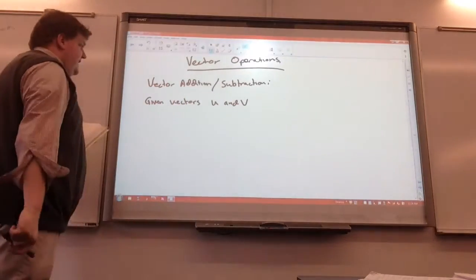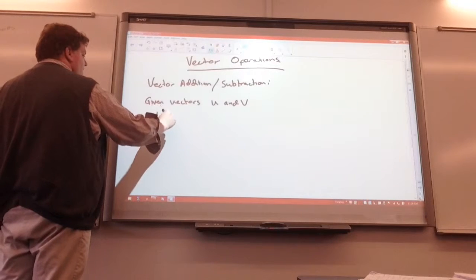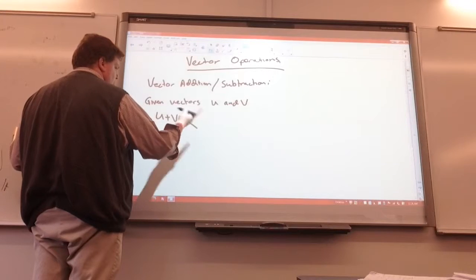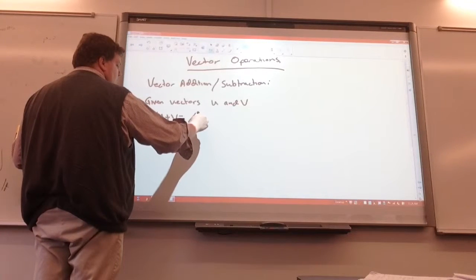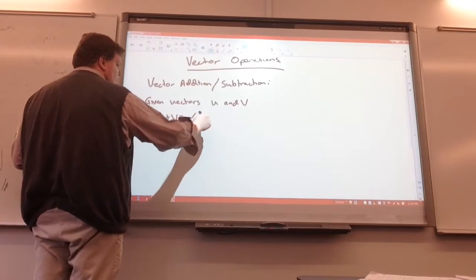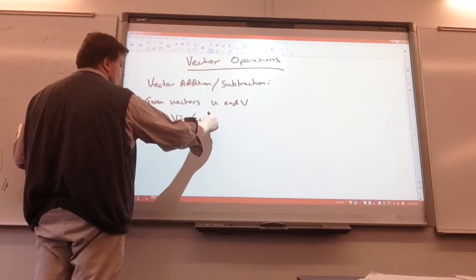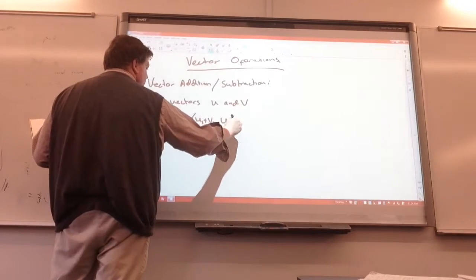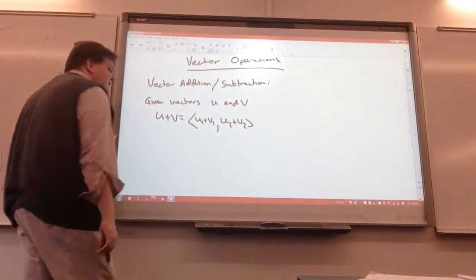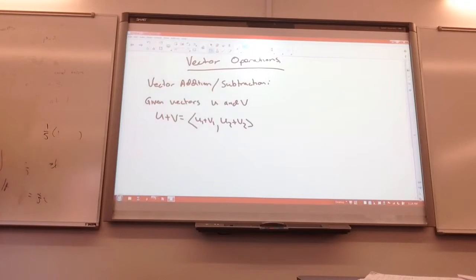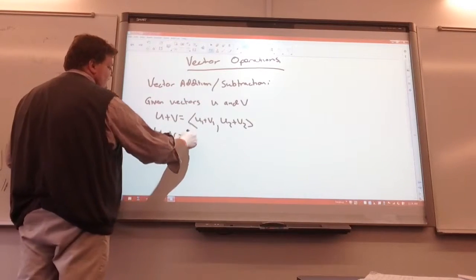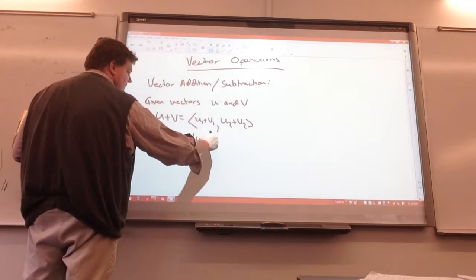So given vectors u and v, u plus v would be equal to a new vector where it's the horizontal component of u plus the horizontal component of v, comma, vertical component of u plus vertical component of v. So you just add the numbers together, making sure like component adds like component. By the way, if I made this u minus v, same deal, just make minuses.